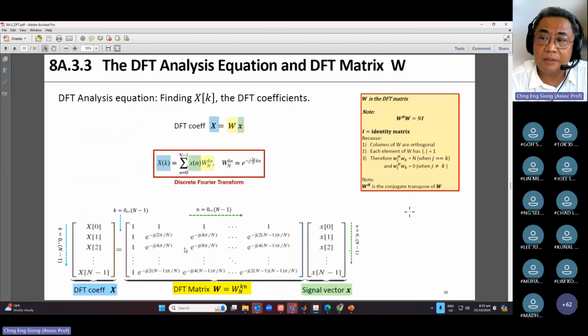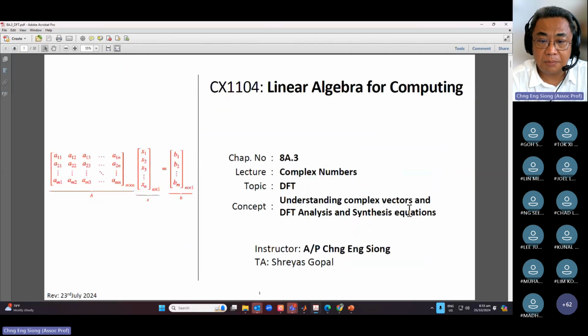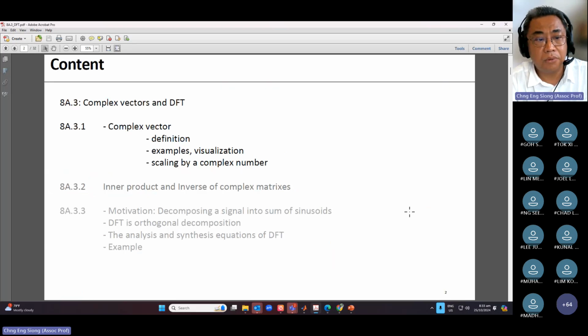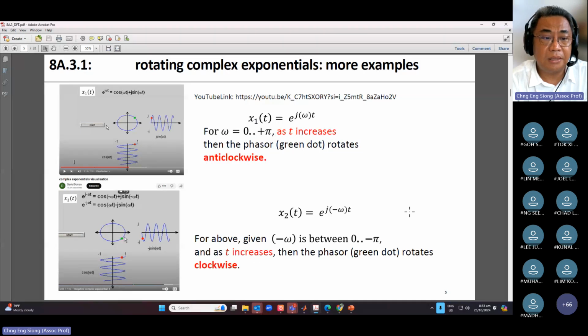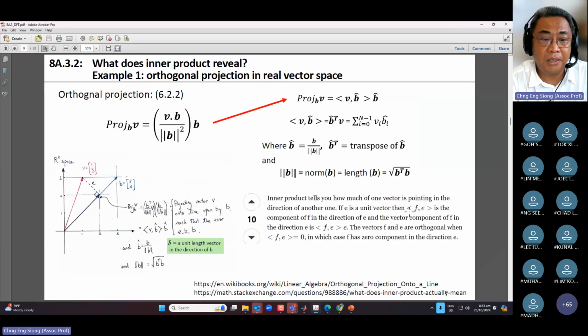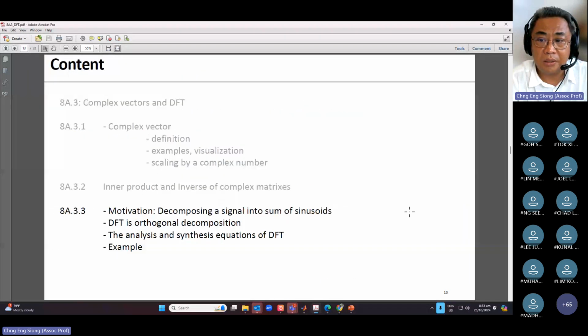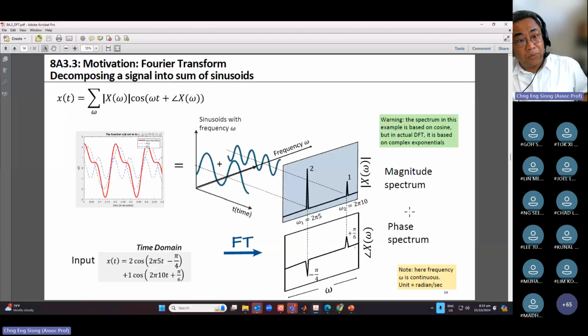Now let's begin. What is the problem we want to solve? I want to show it to you in a different way, different to the recordings I have done. So let's skip all this first and immediately go to what DFT is, or what Fourier transform is.